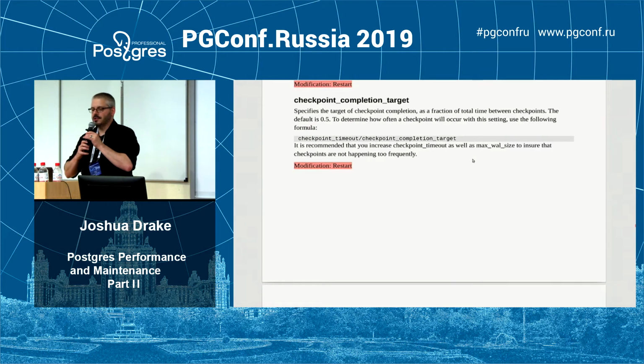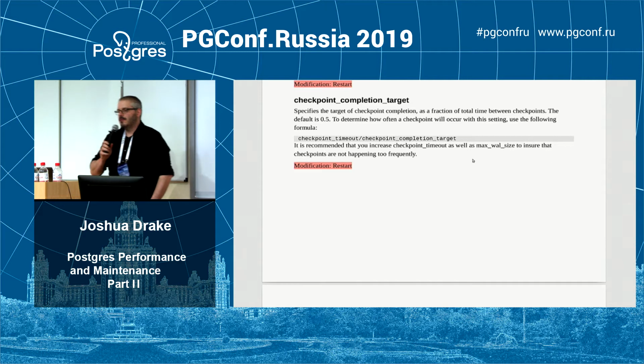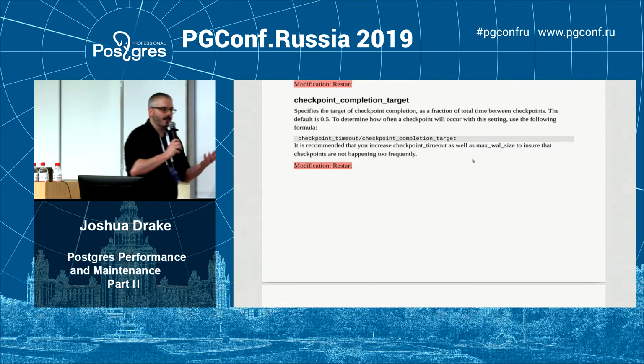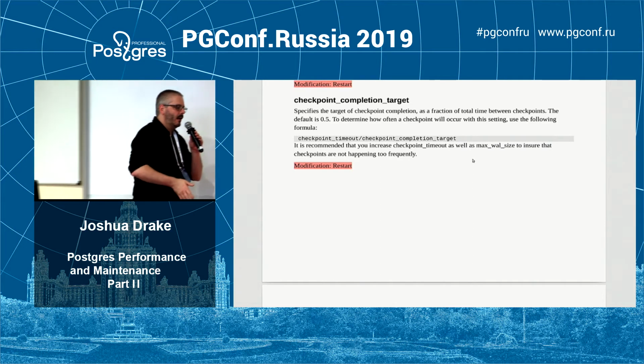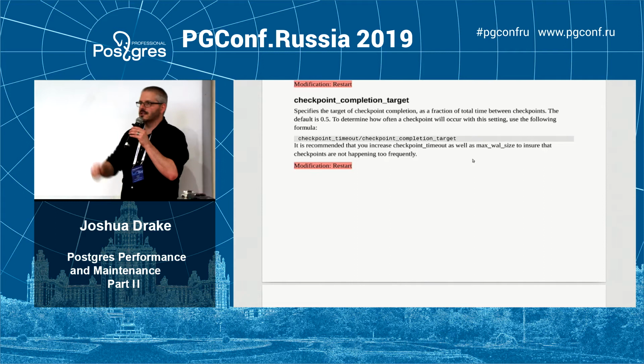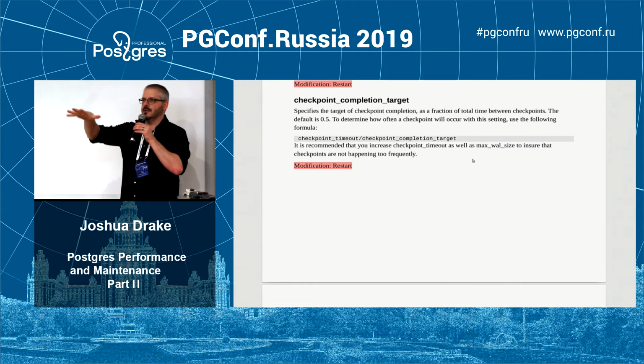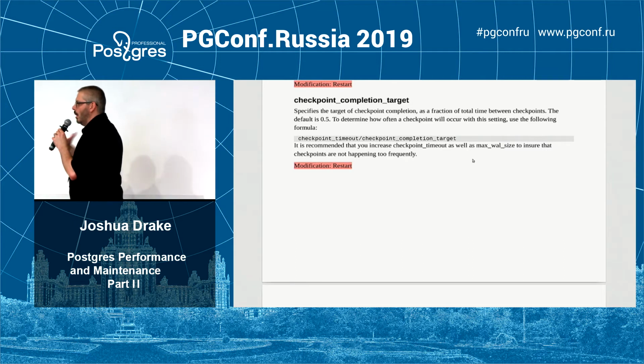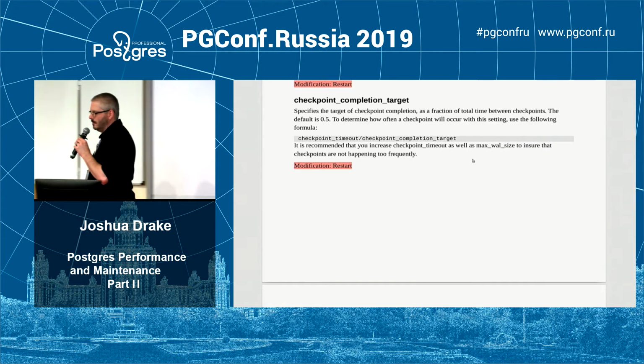Okay, checkpoint completion target. This is another one of my pet peeves. The point of checkpoint completion target is to smooth checkpoints. Because if you think about it, if you're under heavy load and all of a sudden you issue a checkpoint and the entire system wants to go on disk, that can be very, very expensive based on how much data you have running.